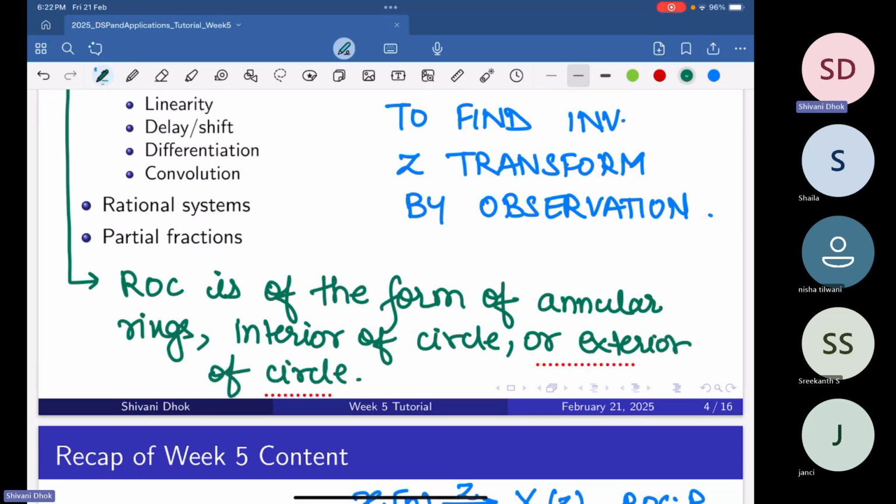If this particular point is not clear at this moment, it's okay. In the coming slides, I have an example that will show this kind of structure of our region of convergence.